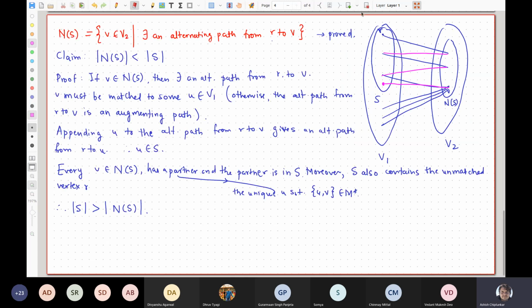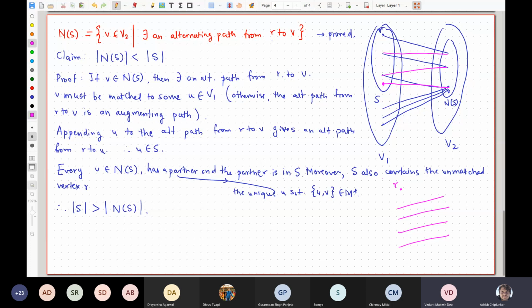Let's delete this slide. So should we move on to something new now? Sir, I have another doubt regarding this. Suppose our maximum matching edges are the only edges that we have in the graph, and then we have one unmatched vertex R. Then our NS is not equal to all the points which are reachable from R by alternating paths, right?